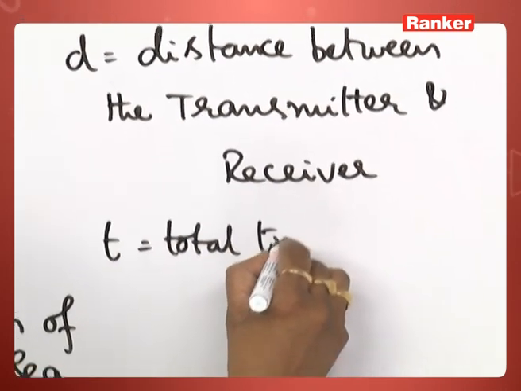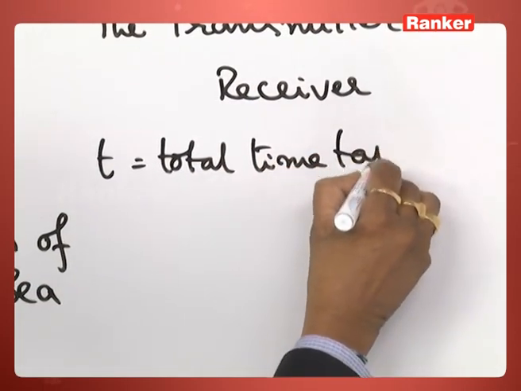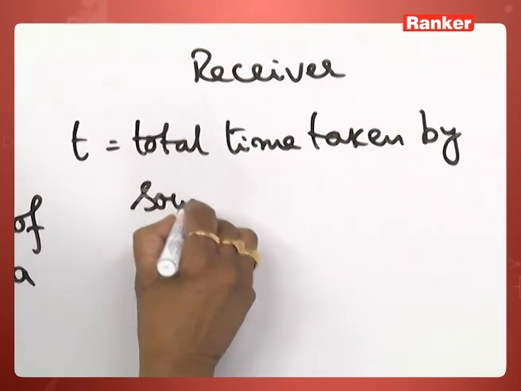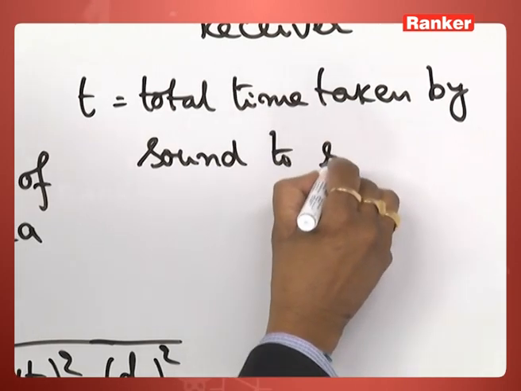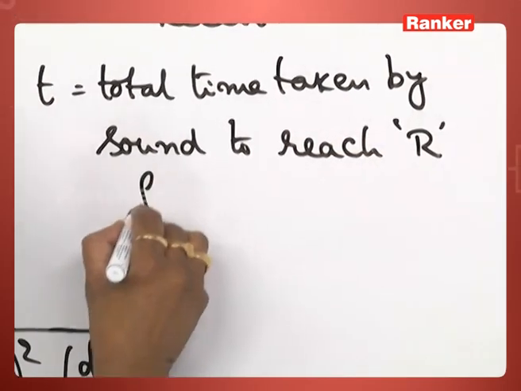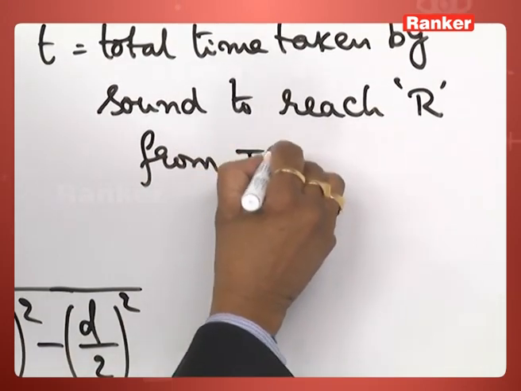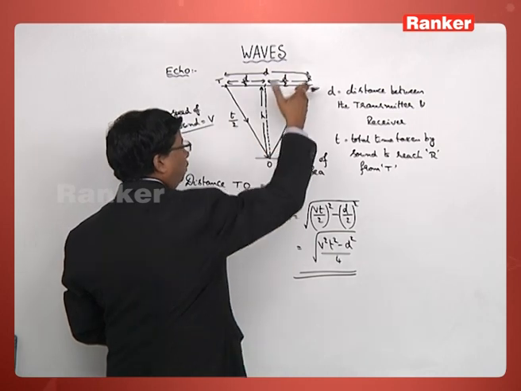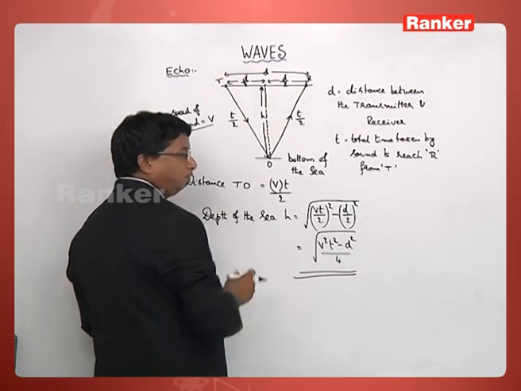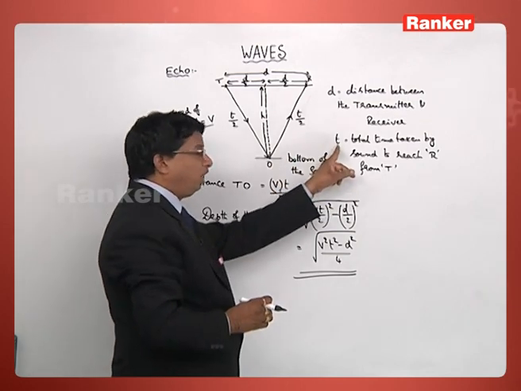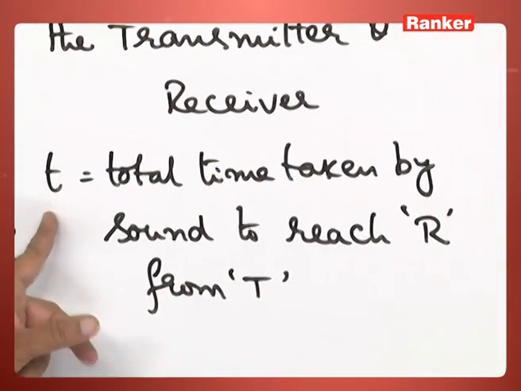Total time taken by sound to reach the receiver from the transmitter, that is TO and then OR, the total distance it is traveling, in what time it is going to travel, that gives you the value of t.